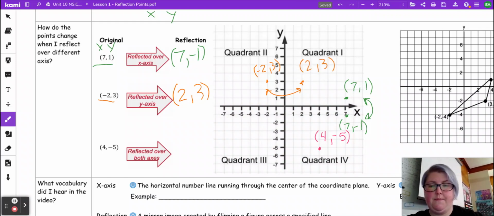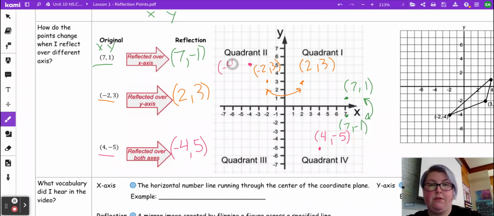And lastly, we have (4, -5) down here in quadrant 4. We're going to reflect over both, which means we go from 4 to -4 and -5 to 5. So we're going to go over the X and over the Y to bring us up here.